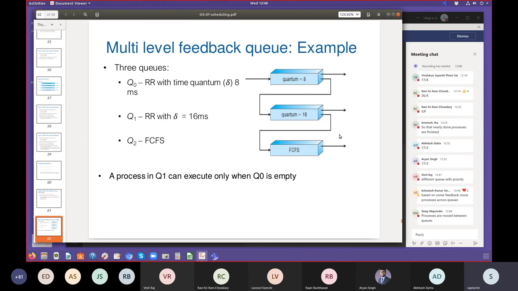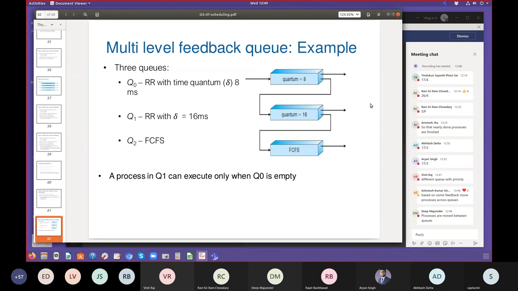Anyone would like to describe what is going on here? See the arrows. Can you understand what is going on? Maybe Ashutosh or Deep, if you want to give the answer. The time quanta for the three queues are different.